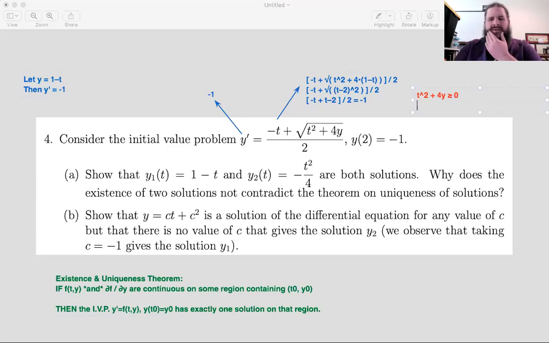It might actually be easier to solve for y because then we wouldn't need to worry about the ambiguity of the square root. If you isolate y here, what would you get? Negative t squared over 4. Yeah, and since we're not multiplying or dividing by any negatives, we keep the greater than or equal to sign.